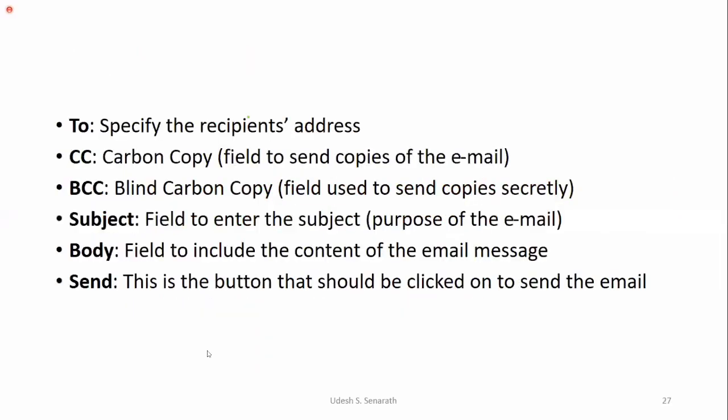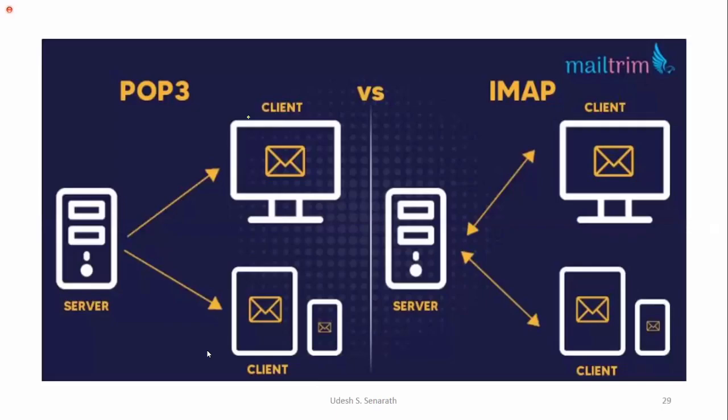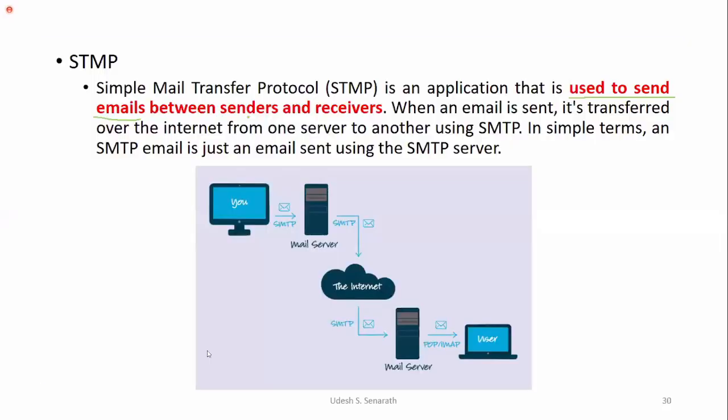But IMAP and POP3 are both used to receive. IMAP and POP3 are about your inbox, while SMTP is about your send box. Remember that. This is the one and only protocol we use to send emails.